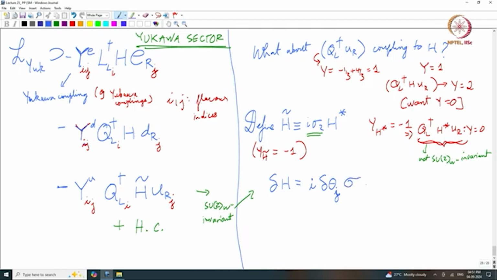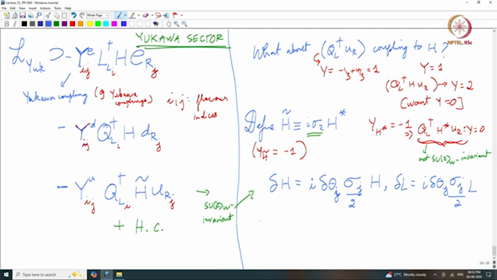I should hit this with the generator, no, the Pauli matrix times 2 divided by 2, right? So that's my infinitesimal transformation. Of course it applies for every field, okay? So both the H and the L under SU(2) transformations go like this. Clear?